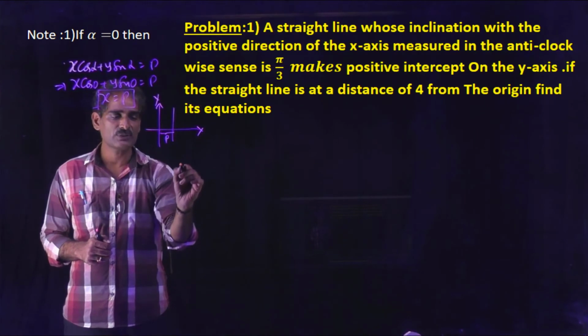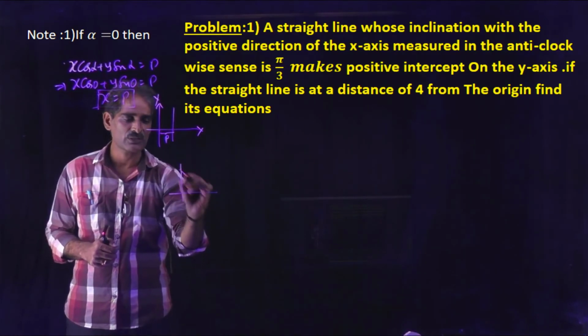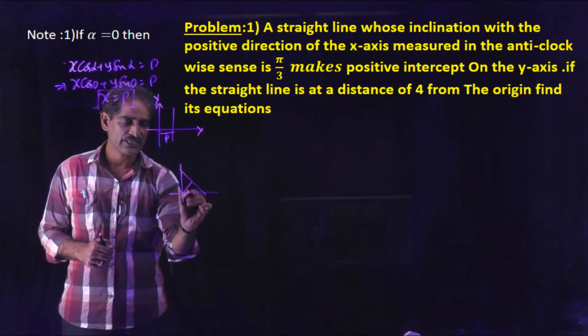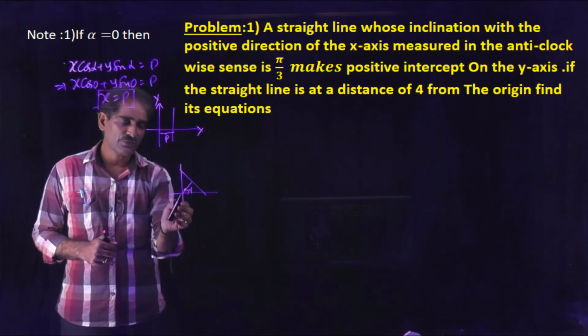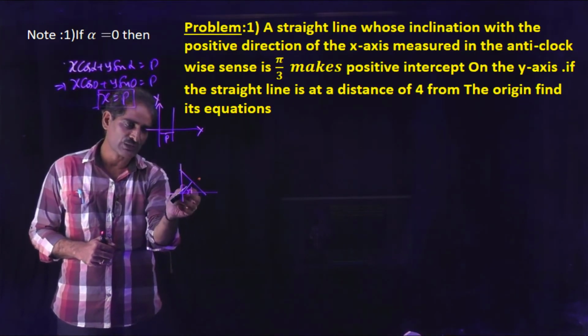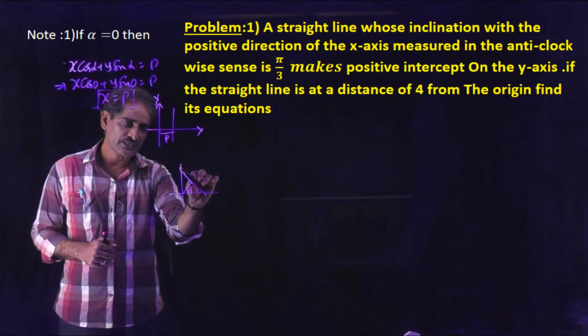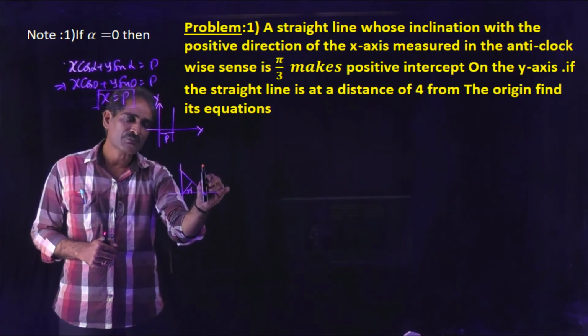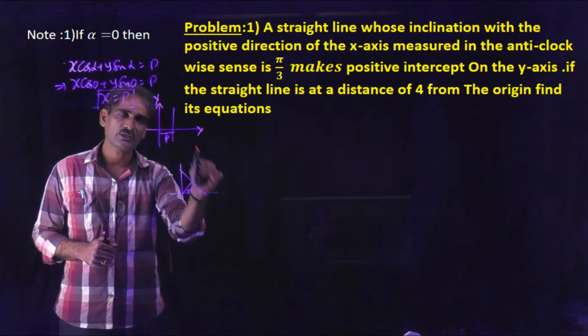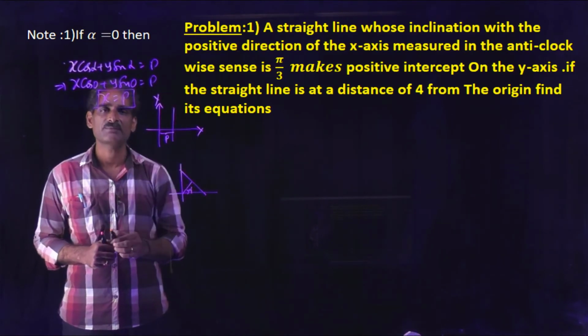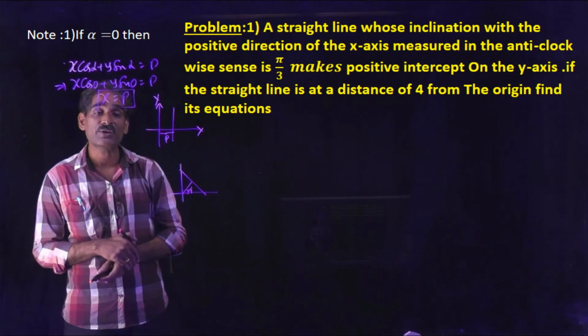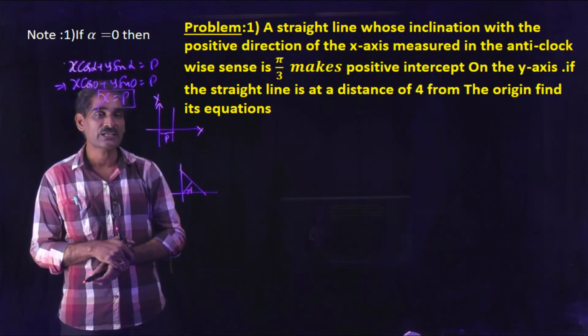Actual position of the line is this one. Normal form is this one. This is the angle made by the line with x-axis. If alpha is 0, that means this normal line coincides with this, and this line becomes perpendicular to the x-axis. This is the new position of the line when alpha is 0 and the normal making angle is 0.